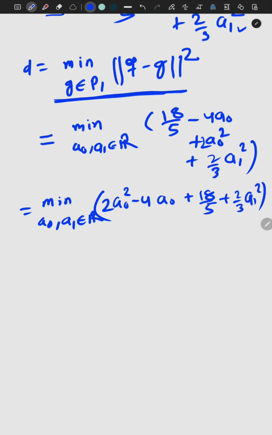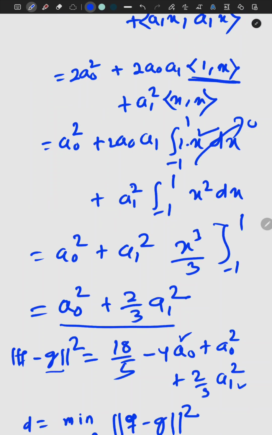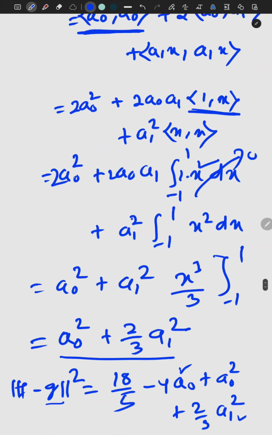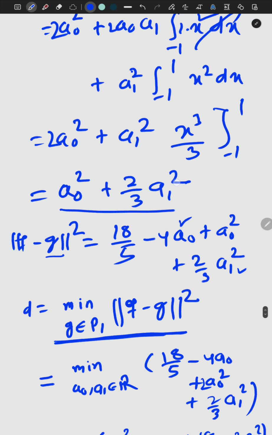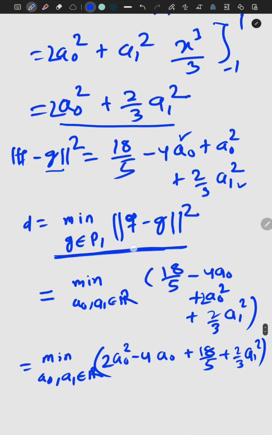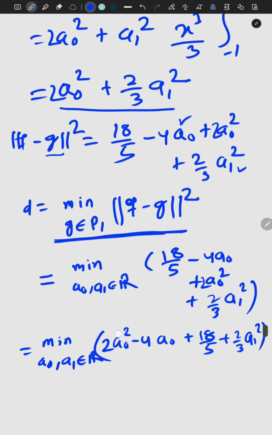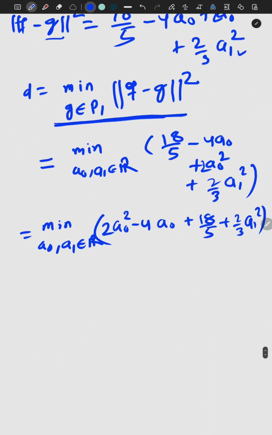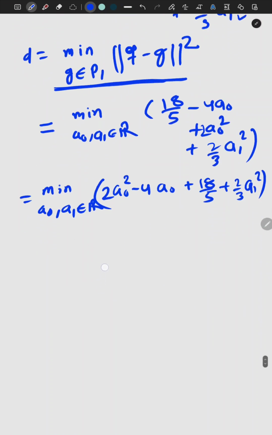Okay, these things are coming. So we had made that mistake here. 2 times a0 square is coming. Okay, so we have corrected these things.